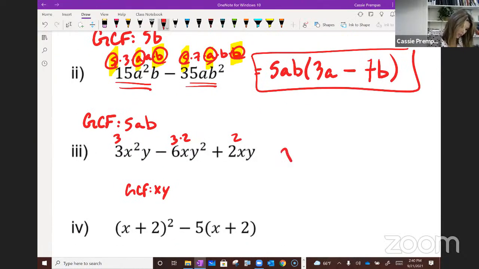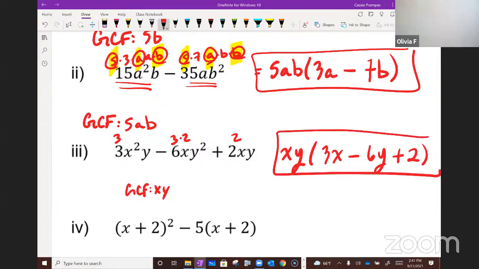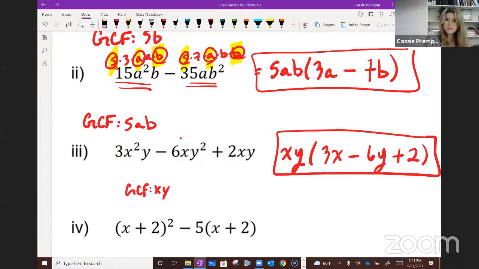And then if I factor that out, I would have 3x minus 6y plus 2. So if they don't all have the numbers in common, then you can just keep that inside.